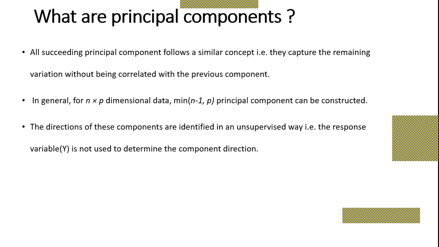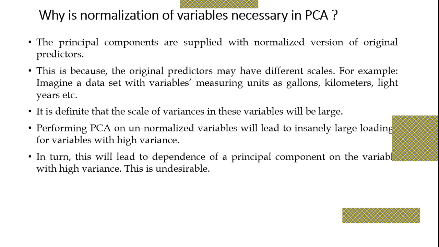The directions of these components are identified in an unsupervised way. That is, the response variable y is not used to determine the component directions. Therefore, it is an unsupervised approach. So hence it is true that PCA, principal component analysis, is nothing but an unsupervised machine learning algorithm.